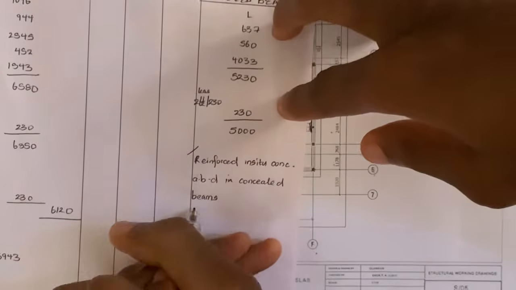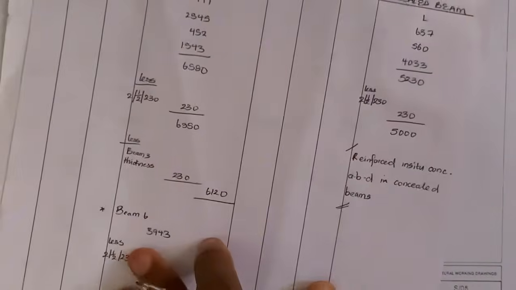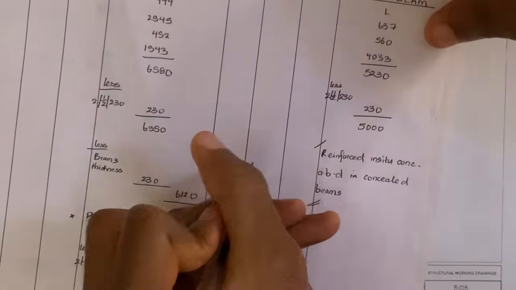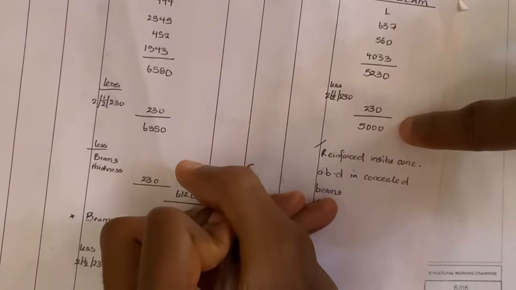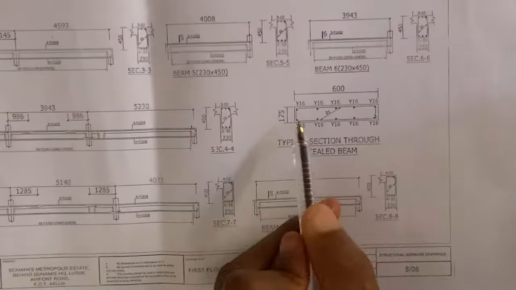So now, how do we measure? Concrete is measured in volume. So we're going to need the length, the width, and the thickness of the beam. So the length is 5000 millimeters, which is 5.00. Now if you look at our section, what is the width?